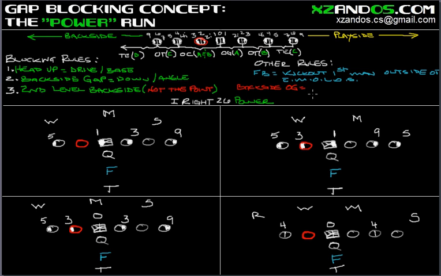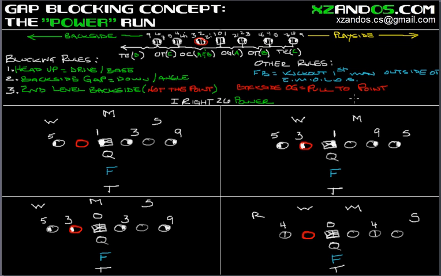The backside OG is going to pull to the point. I'm just going to put pull to point. And again, I have to tell you who the point is, and I'll show you that in here in just a little bit. So there you have the basic gap blocking concept.